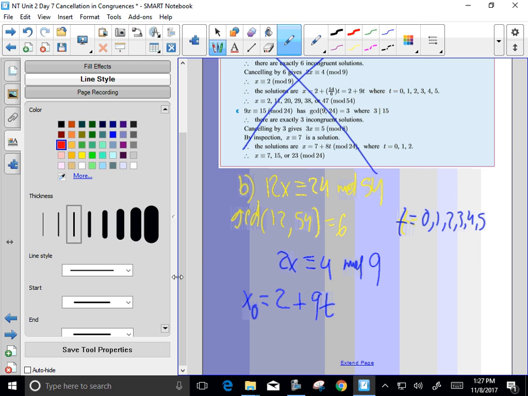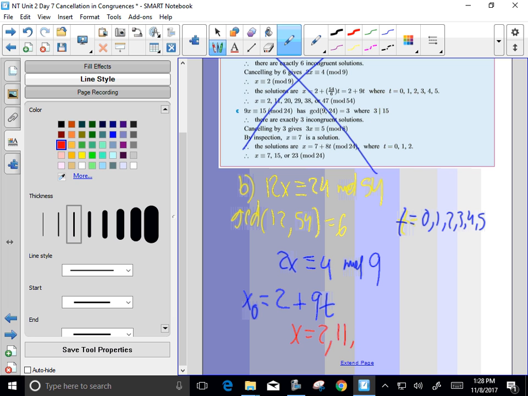Okay, so then your answers are going to be x is equal to 2. The next one will be what? 11, then what? Well, it's too high for mod 9, but not mod 54.